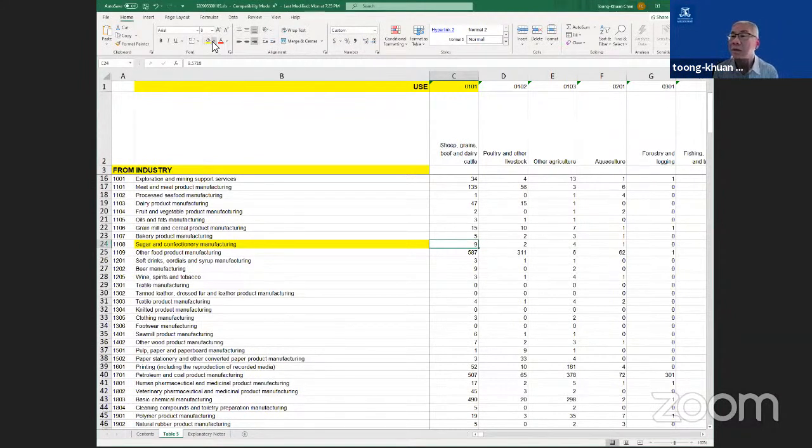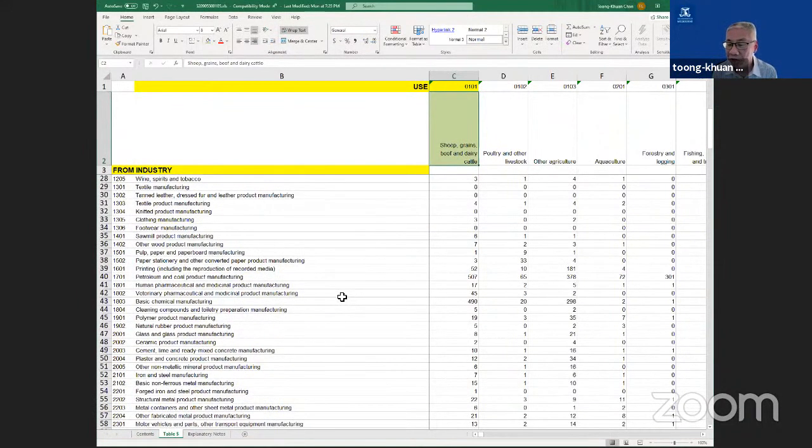Can you understand this? So this example basically shows you that in that particular year in Australia, the sugar manufacturing sector supplied $9 million of goods to sheep, grain, beef, and cattle. Does that make sense?